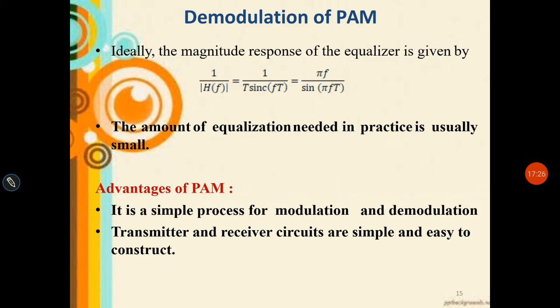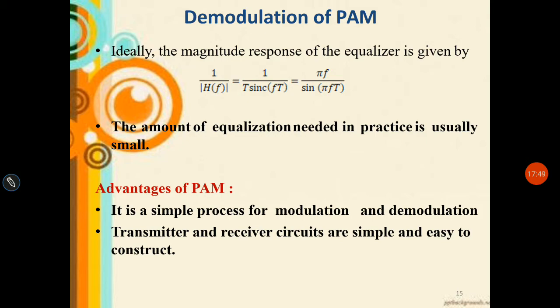Then the demodulated output, that means your modulating or information signal, will be well reconstructed from your original modulating signal which is coming from your source.